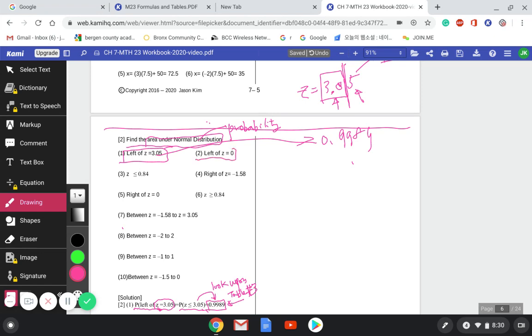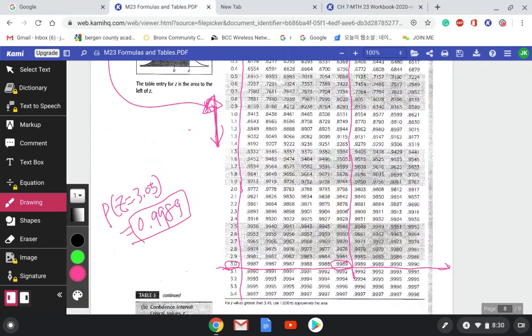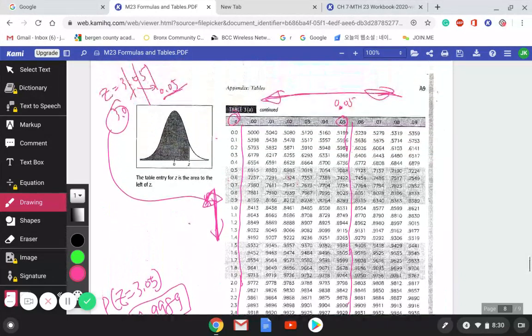How about left of when z equals 0? So you are looking for the probability of z, left of z equals 0. So you go to the table again. 0 means 0.00. So the first set is 0.0 and the second set is 0 again.